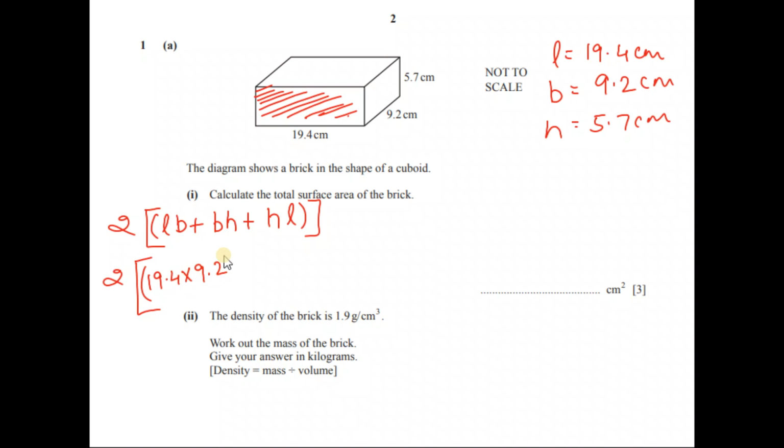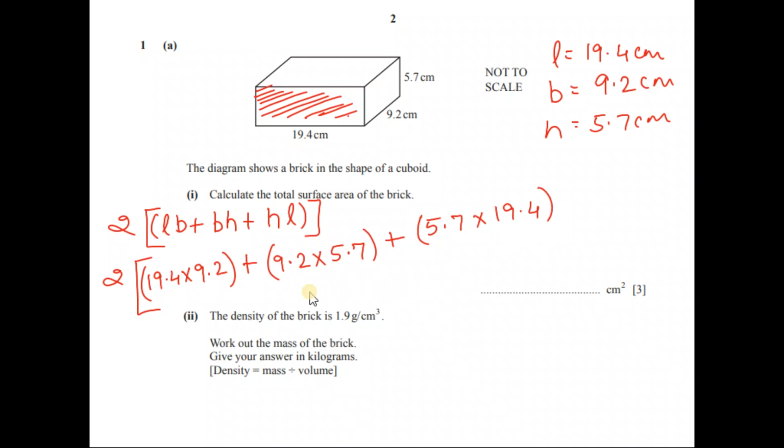19.4 times 9.2. Then 9.2 times 5.7, then add this to 5.7 times 19.4.